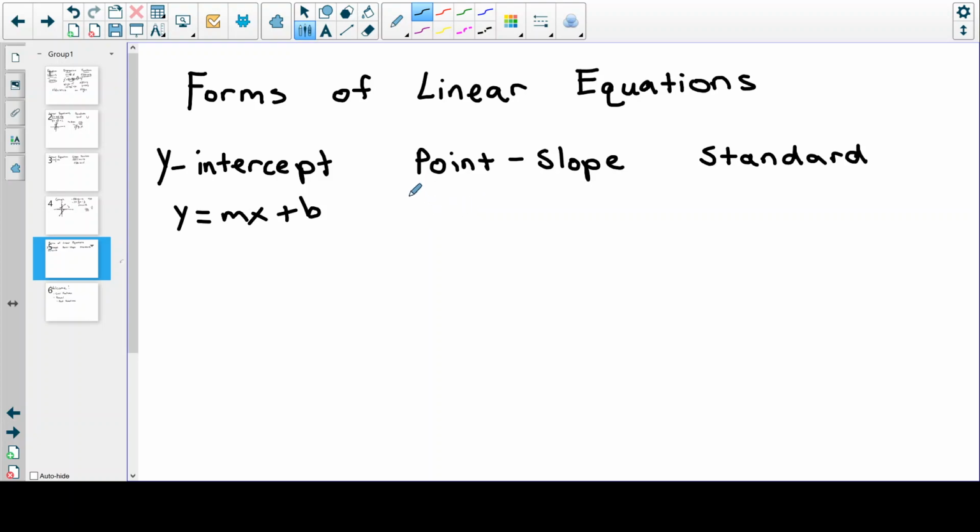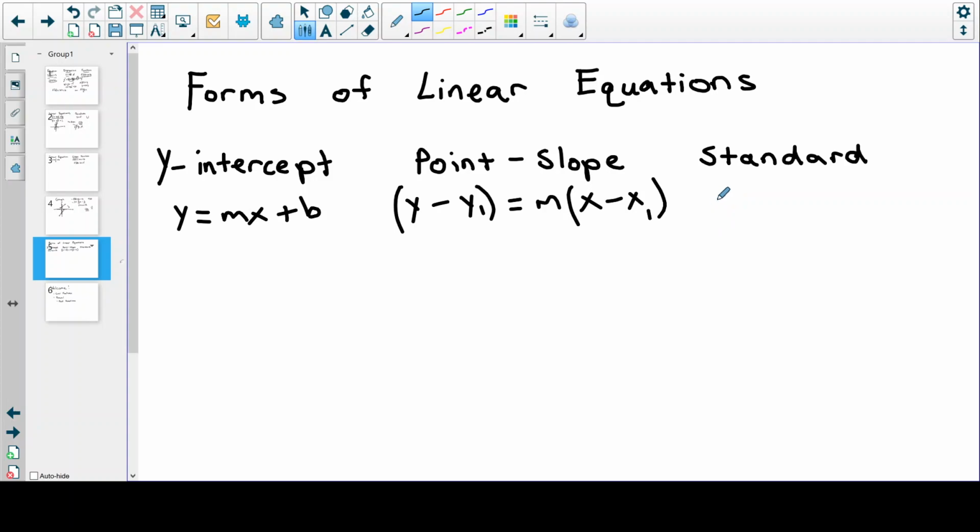The second form is going to be your point slope form, which is usually written as y minus y sub 1, in parentheses, equals m, in parentheses, x minus x sub 1. We'll discuss that a little bit later.